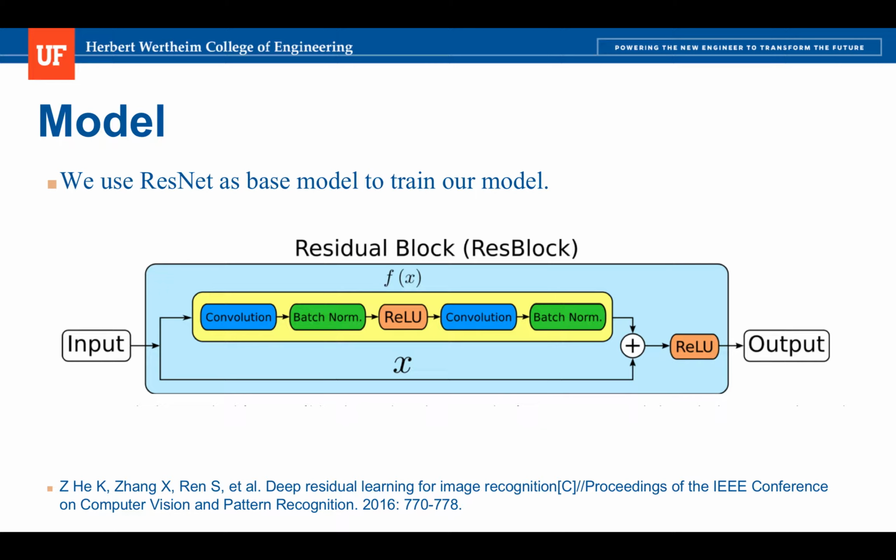It's the skip connection, which allows the convolutional layers of the residual block to predict a residual that is added to the block's input tensor. We modified ResNet as our best model to train.